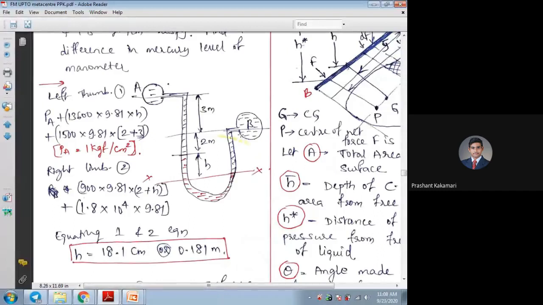Or you can start from PB only. So considering PB as a high pressure because mercury level is rising towards PA, PA plus rho GH on the right side, this liquid column. PB plus this liquid column I can write equal to, see here, mercury column plus liquid column plus PA.